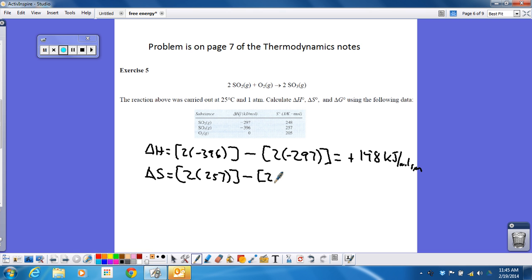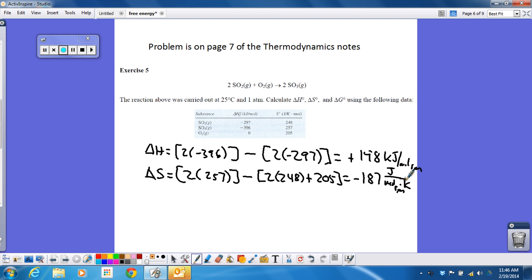So on the reactant side, I have 2 times 248 plus 205. That's my SO2 plus my O2. If I do that calculation, I get negative 187. That would be joules per mole reaction per Kelvin, because again it's for a reaction.